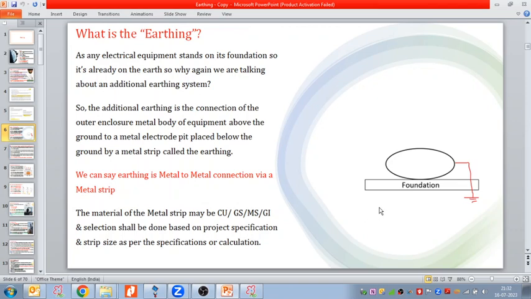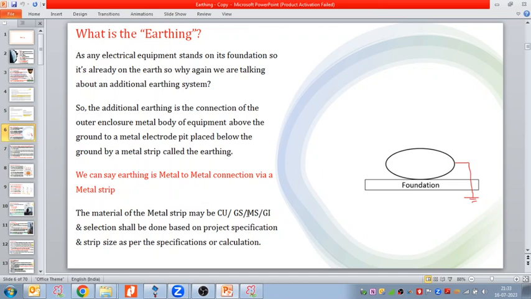The material of the metal strip could be copper, galvanized steel, mild steel, or GI galvanized iron. The selection of which material to take shall be done based on the project technical specification or project requirement.